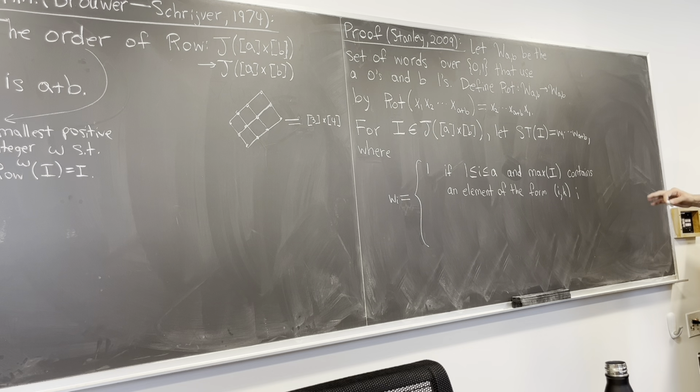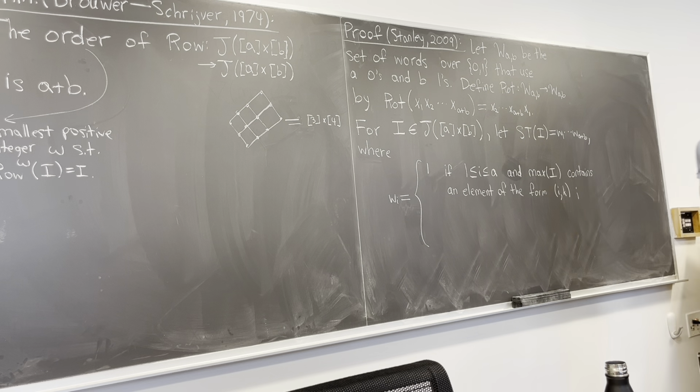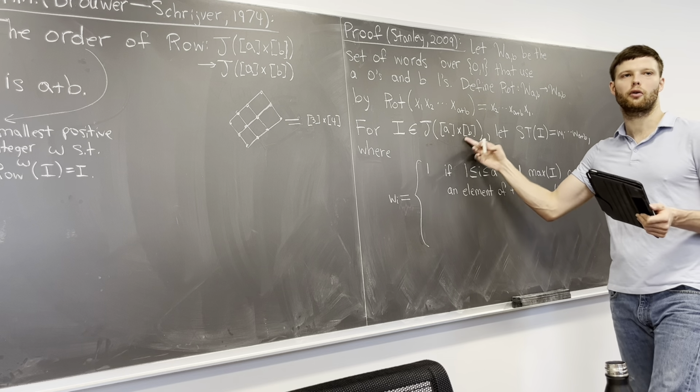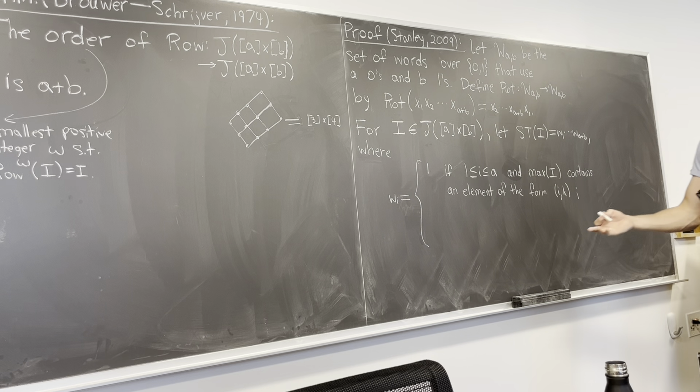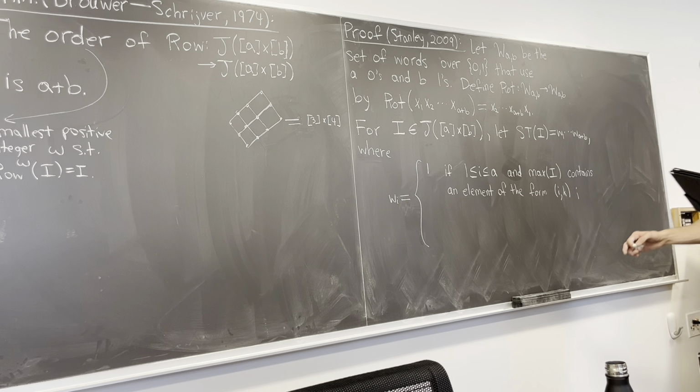Okay. So again, I is an order ideal of J of bracket A cross bracket B, so you can think of it as a certain subset of this poset. The elements of this poset are ordered pairs, where the first thing is a number from 1 to A, the second thing in the pair is a number from 1 to B. And all I'm saying here is, if i is between 1 and A, and the set of maximal elements of my order ideal contains some ordered pair that starts with i, then I define W_i to be 1.